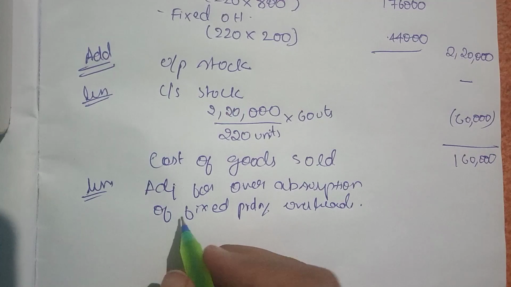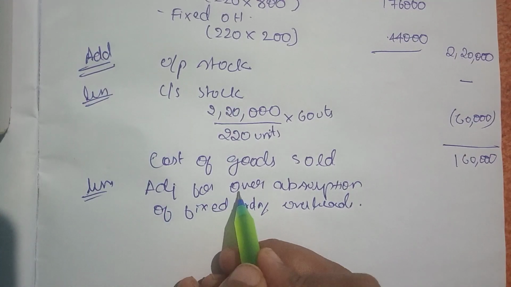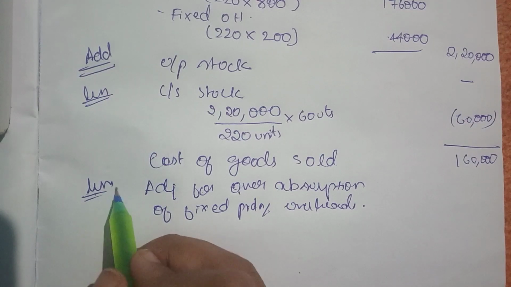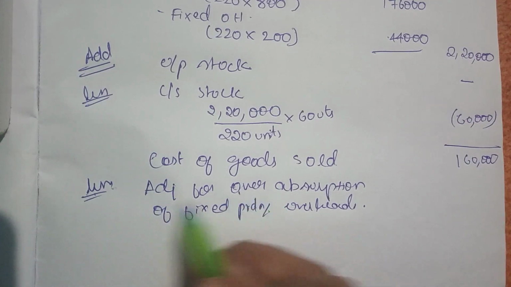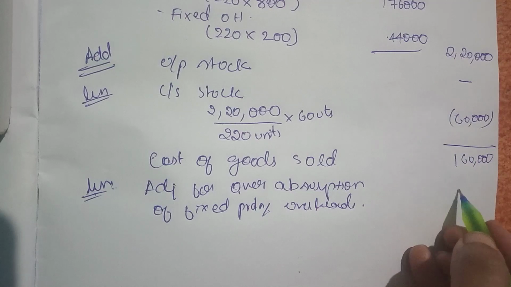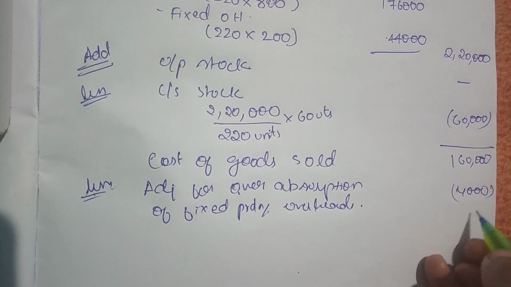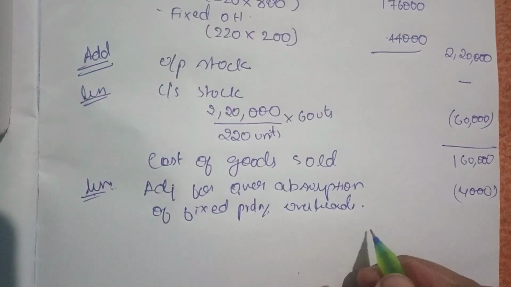So if there is over absorption of fixed production overheads, we have to less that. If there is under absorption, we have to add. Now we have over, so minus 4,000. This we have actually calculated in the first point, so just see that.